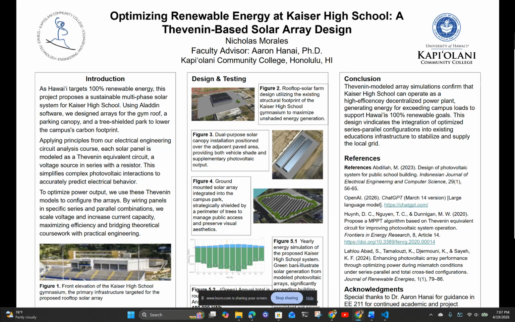And if we see this figure here at the bottom, figure 5, that's the analysis of our data. The blue bars represent the school's actual energy consumption, while the green bars show you the solar yield. And you see much more green than blue. So I'd say we're in the positive at that point.